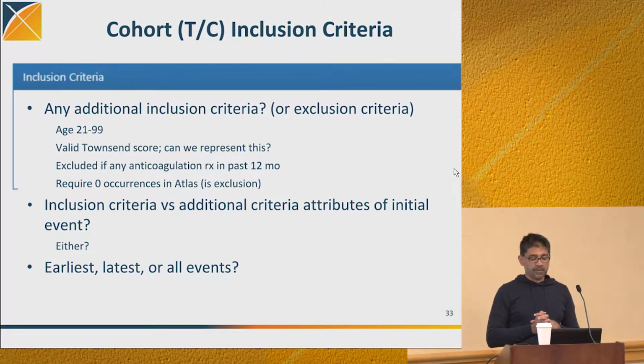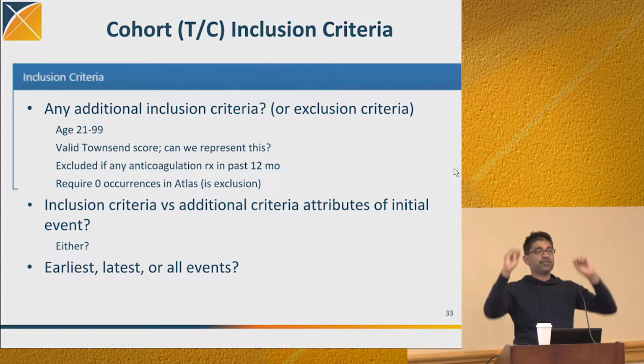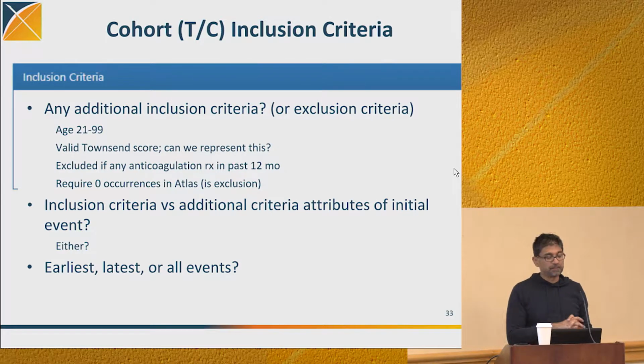Can that be part of the initial entry events? Okay. They haven't been on other anticoagulants 12 months prior. Yeah, perfect. So if you identify people with initial entry events, now if you find people who've had other anticoagulants in the past, you may want to take them out. What else?